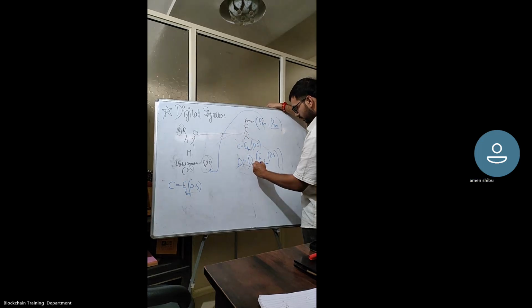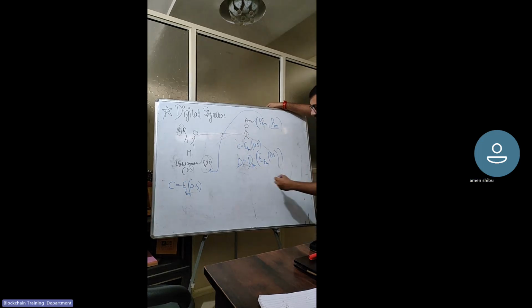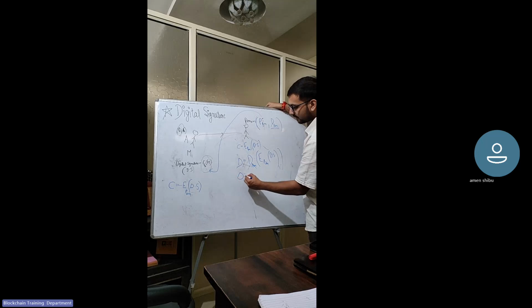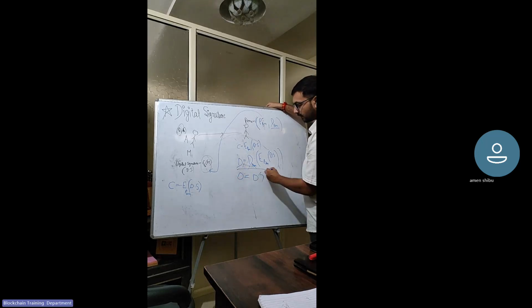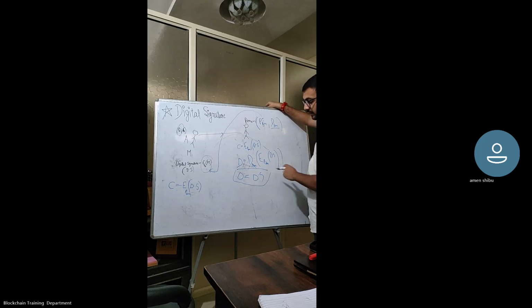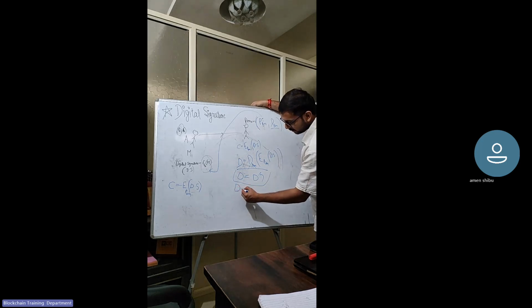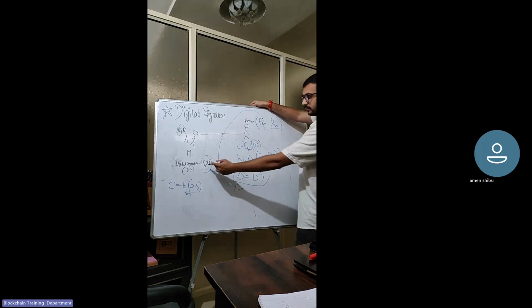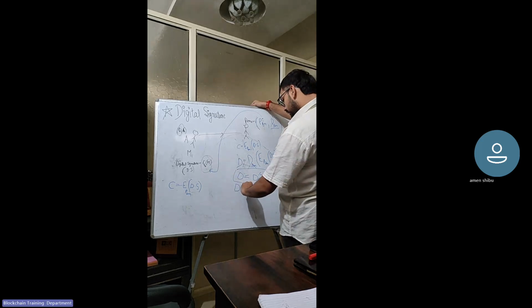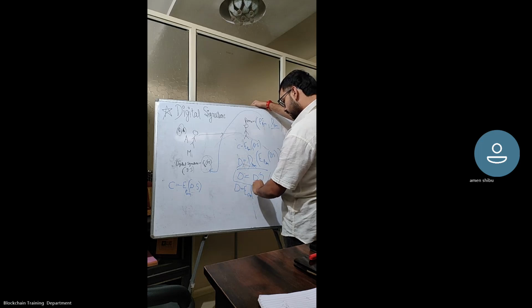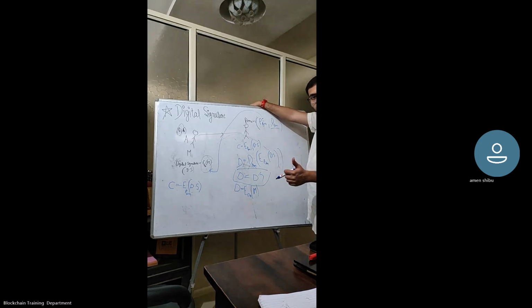They will cancel out each other, and you have the decrypted text as DS, the digital signature, which is DS equals E of DA of M.